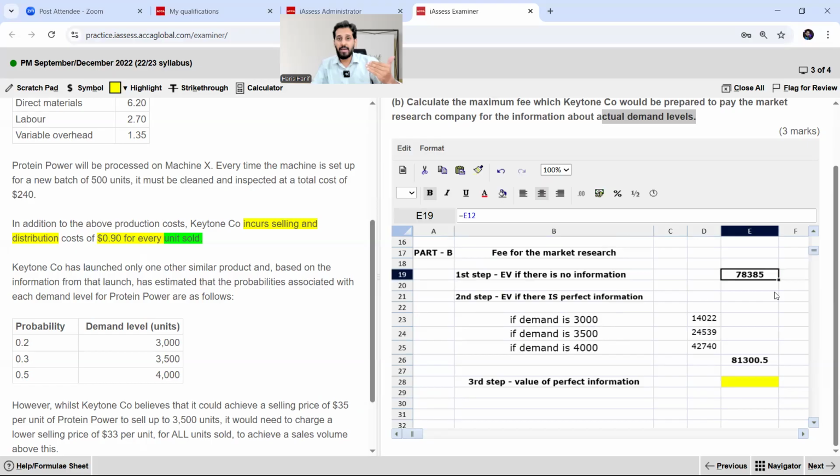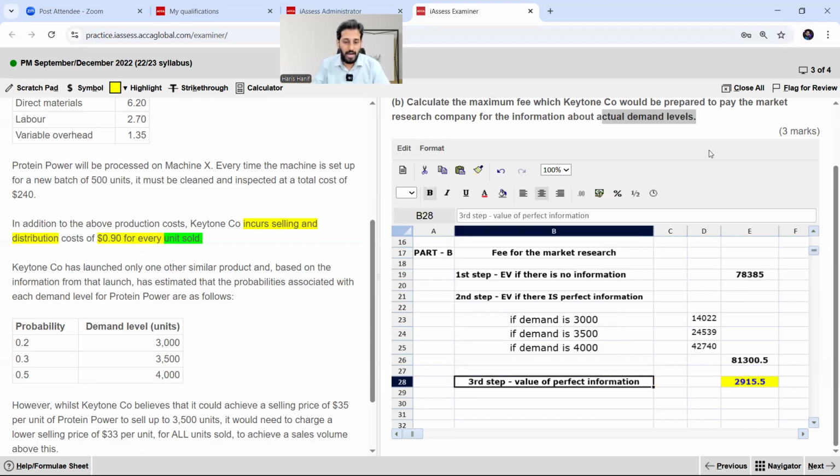I will have a benefit if I have perfect information, that is 81,000. So what's the difference? The difference is the additional value of perfect information. So this figure minus this figure, right? 2195, or you can round it up to 2196.